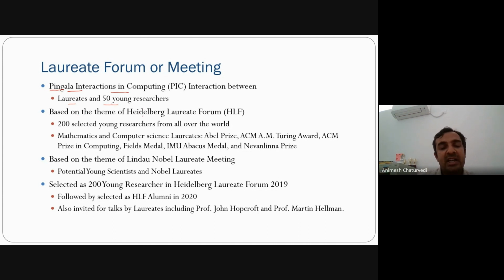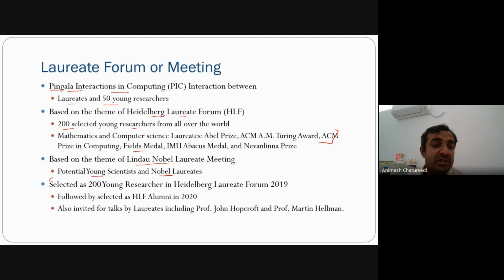Similarly, there's the Heidelberg Laureate Forum which happens in Germany. 200 young researchers are selected, and there are mathematics and computer science award winners, like ACM Turing Award winners, Fields medalists, and so on. Similarly, there is the Lindau Nobel Laureate Forum, related to young scientists and Nobel laureates.